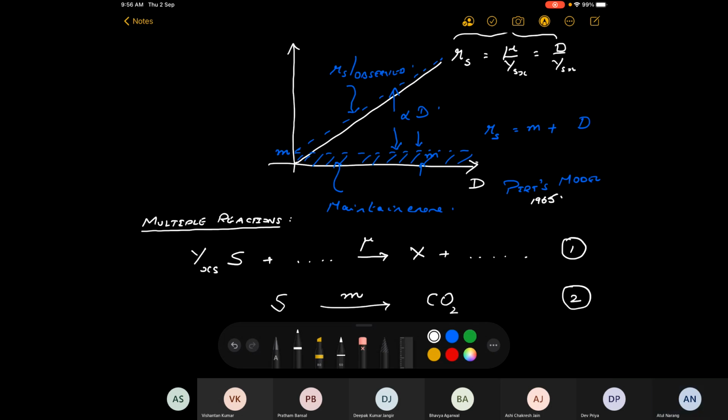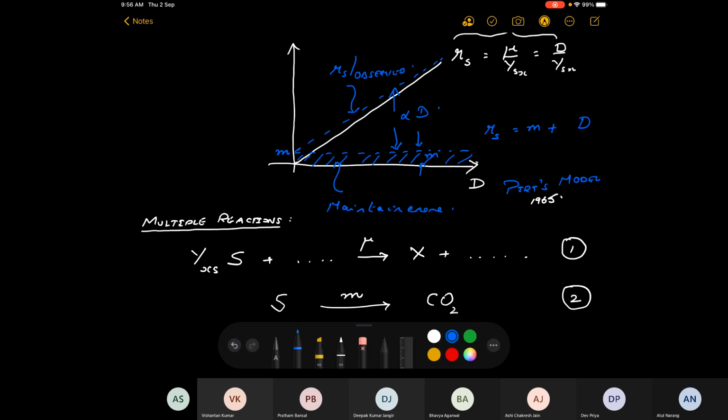What he said was, to resolve this discrepancy, I will split the uptake rate into two parts: one part directly proportional to growth, and one flat constant part, which he called maintenance.